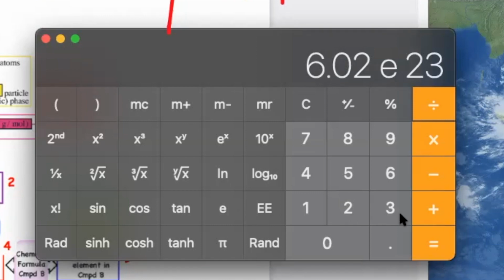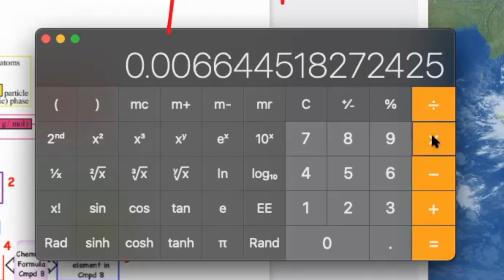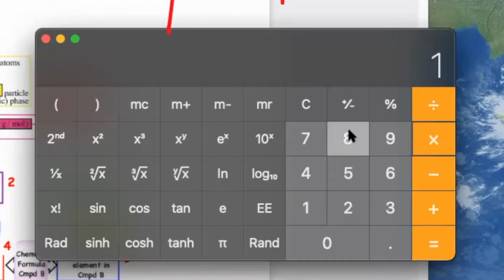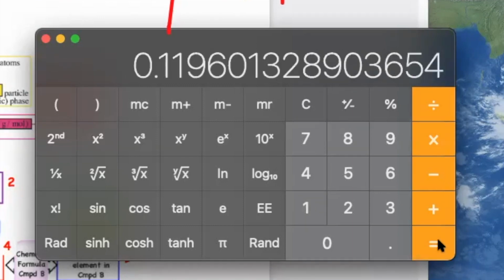That's Avogadro's number. Okay, and then I'm going to multiply by 18. Then I'm going to hit equals. That's the mass, 0.119. I think I need to round this off to significant figures. 0.12 grams of water would be my answer.